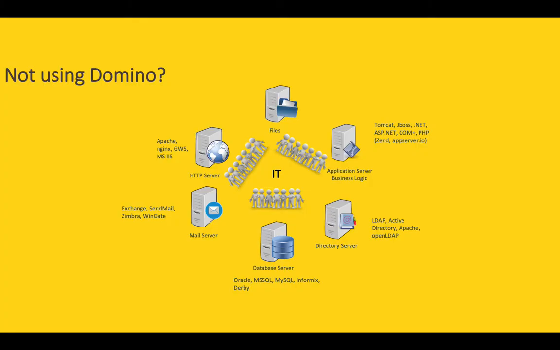If you're not using Domino, then you have this kind of environment maybe running in your organization. You have a file server, an application server with some business logic, a directory server, a database server, a mail server, and then maybe you also have an Apache server, an HTTP server to serve your applications to browsers.